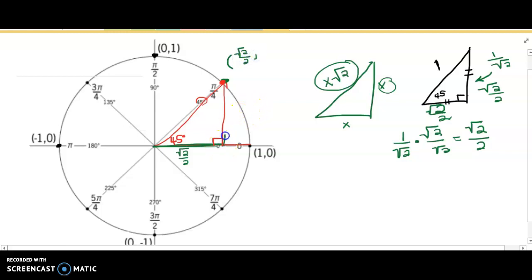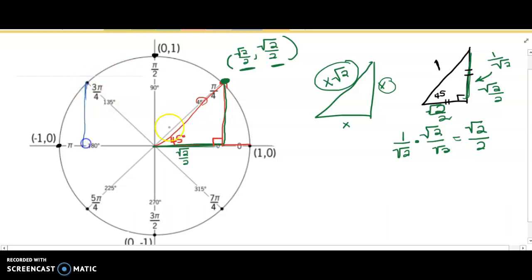And I'm going up, well, that's this side right here, which is also square root of 2 over 2. So on the unit circle, my 45 degree point here is square root of 2 over 2, comma, square root of 2 over 2. Now I can do the same thing in my second quadrant.